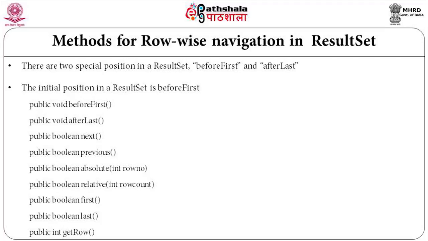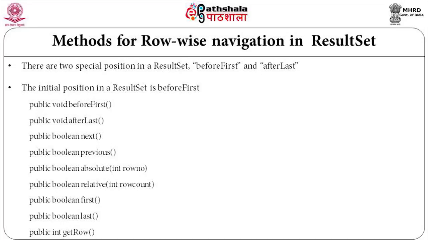First, as soon as you get the ResultSet by using the executeQuery method, we have a special row position called before first. When you just got a fresh ResultSet, your initial current row position is before the first row. Similarly, there's another special position which is after the last row. So before first and after last are special row positions.